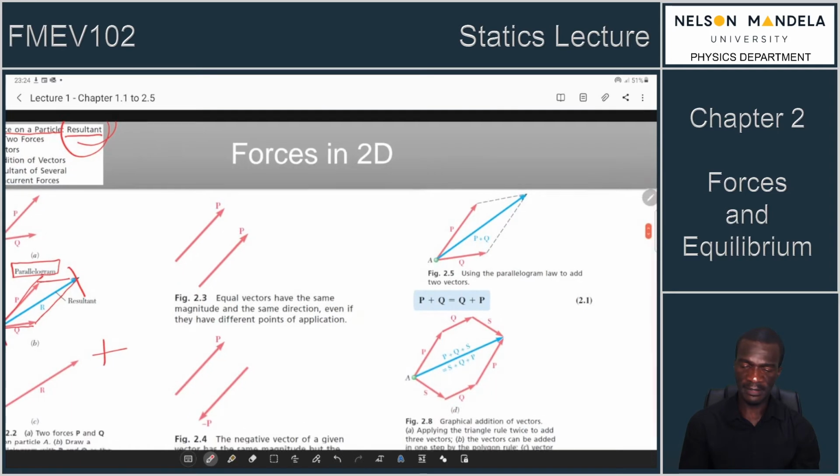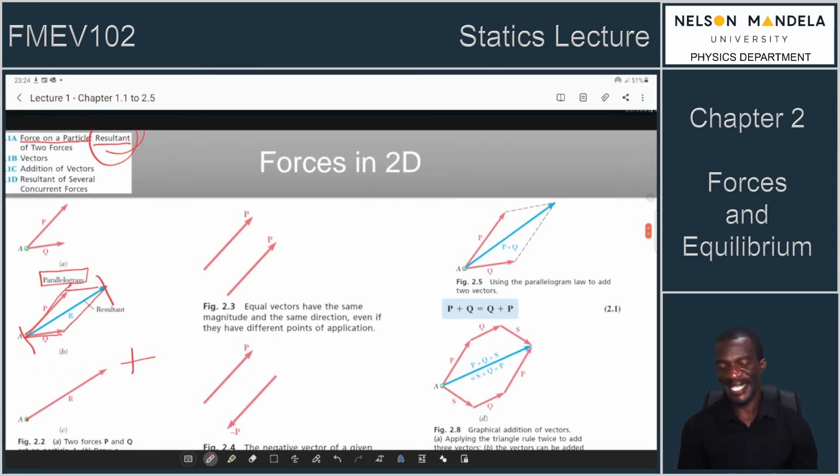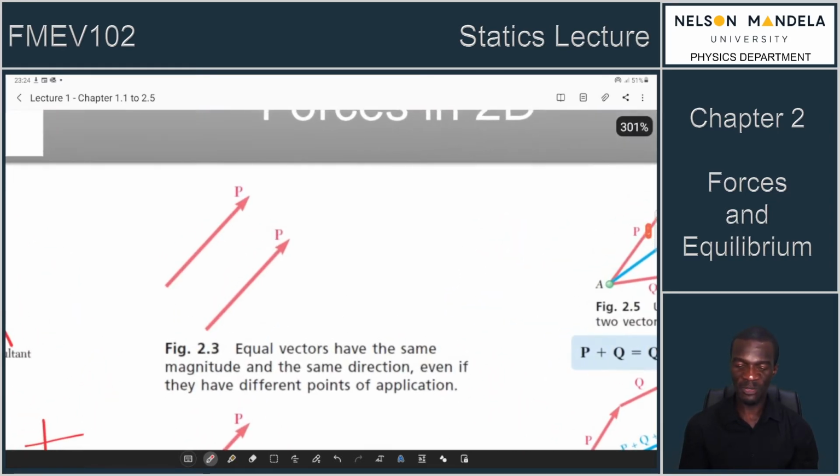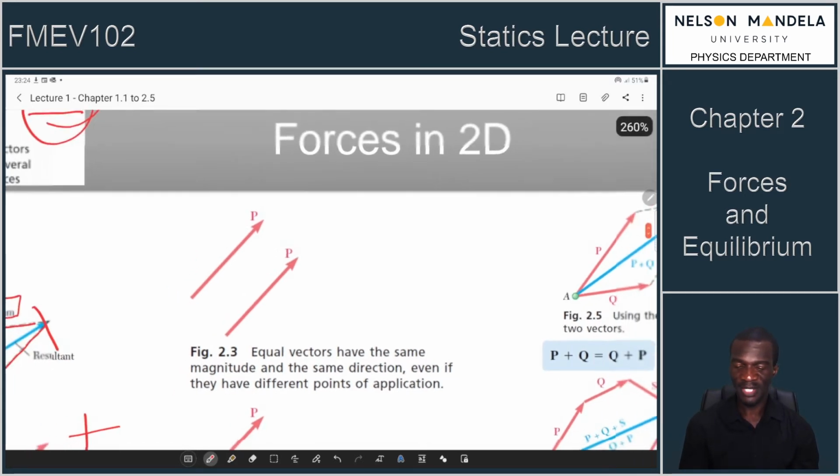The second principle is basically the definition of vectors. So we have done this before. Vectors have certain properties. We know that vectors add up, vectors are in components. So the first simple property of vectors that's discussed here is that equal vectors have the same what? Have the same magnitude.